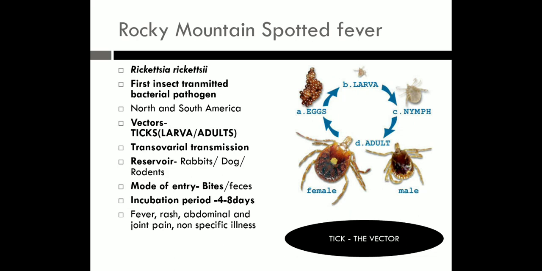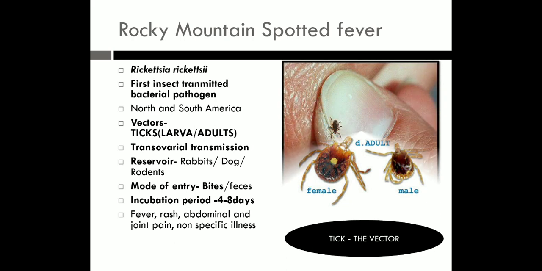Humans can also be infected by exposure to the infective tick hemolymph during the removal of ticks from persons or domestic animals, especially when the tick is crushed between the fingers. So, the reservoir hosts for this particular organism are rabbits, dogs, and rodents.